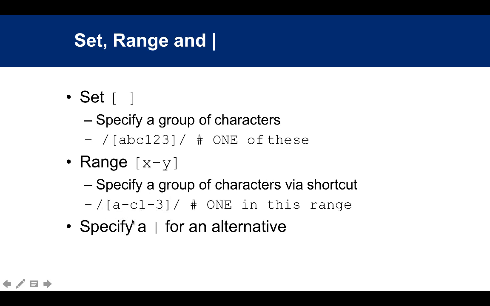So in this case, you have a set of 2 ranges. So either characters A through C or characters 1 through 3 would match as part of a set in this regular expression. And we'll see some examples in a minute. You could also specify a pipe or an OR symbol, so this pattern or that pattern should match.